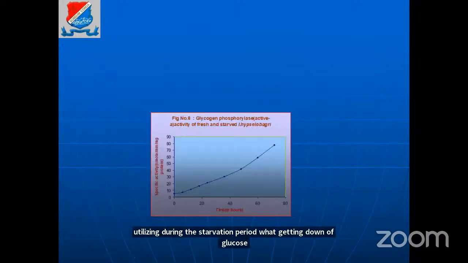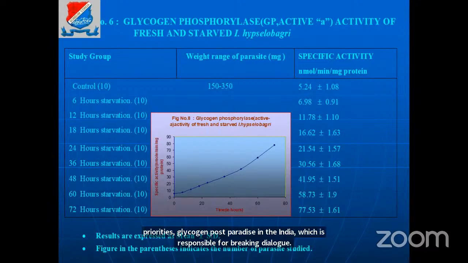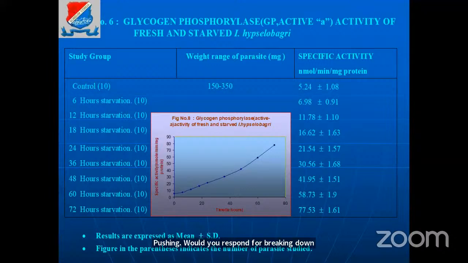Then our other enzyme is glycogen phosphorylase. Glycogen phosphorylase is the enzyme responsible for breaking down glycogen, and it also helps in the storing of glycogen, showing the opposite role.